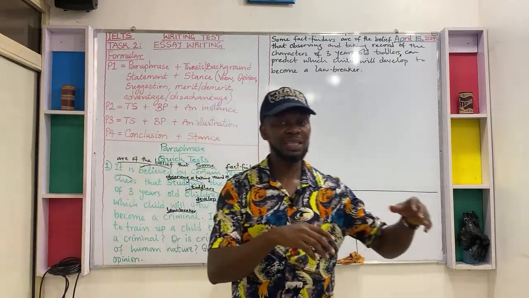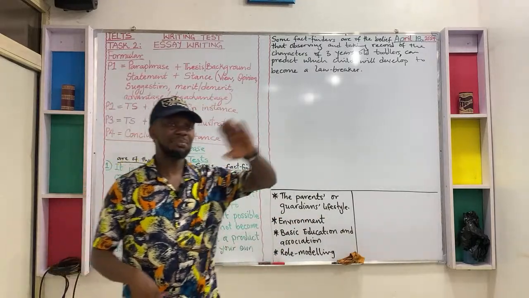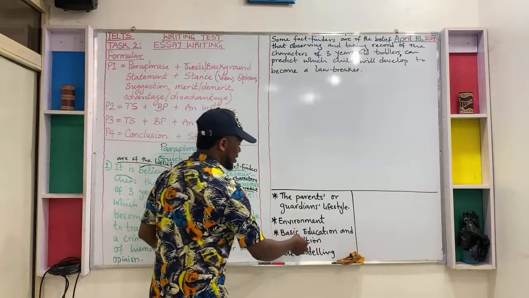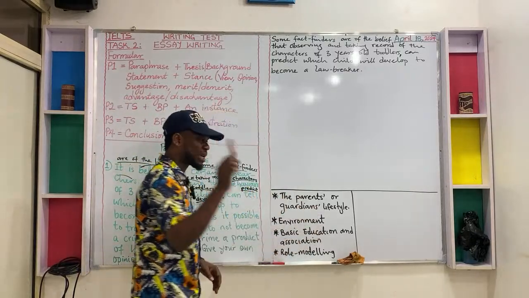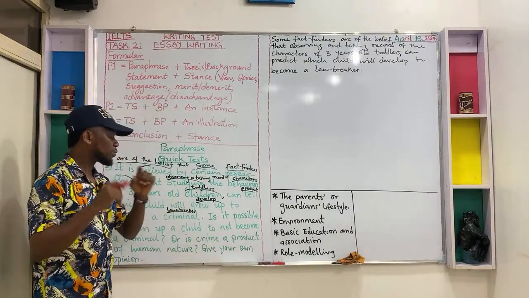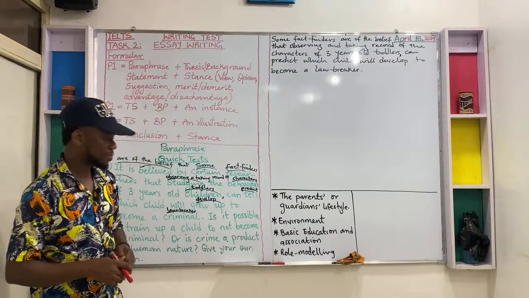There are so many activities that are quite illegal that are being heard everywhere. So if a child is not given the right basic education, the child will feed the brain with criminal tendencies.